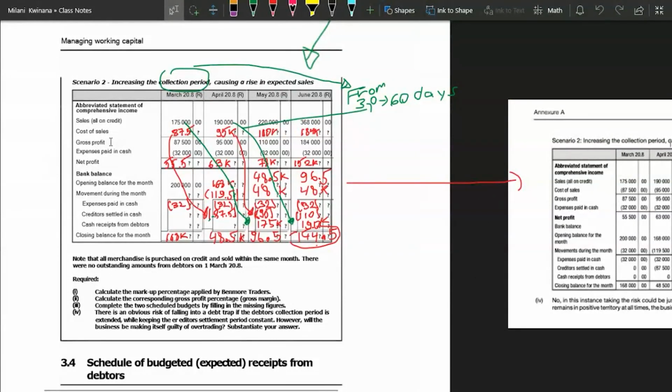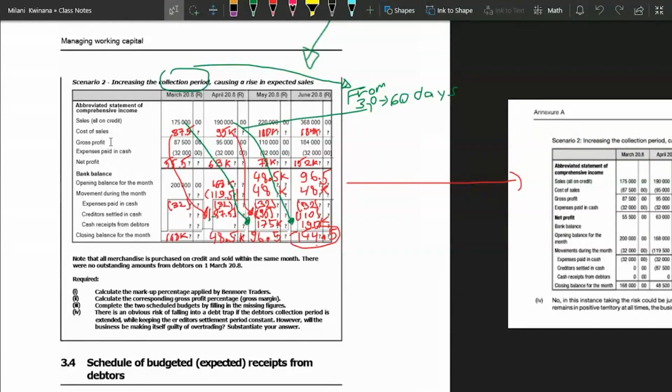Sales minus cost of sales gives gross profit. It's the income statement, or the statement of comprehensive income. The bank balance talks about another statement.